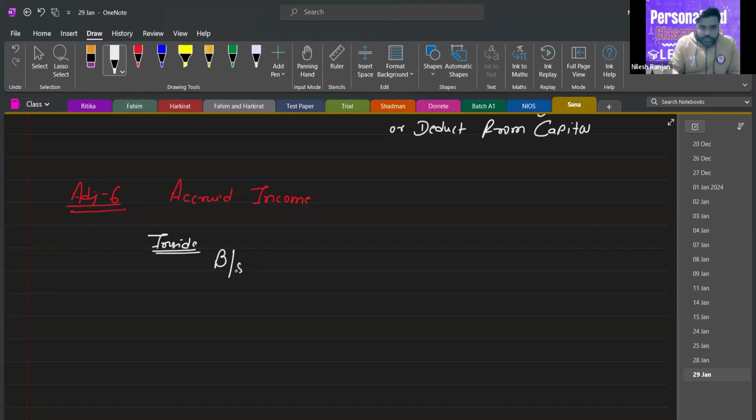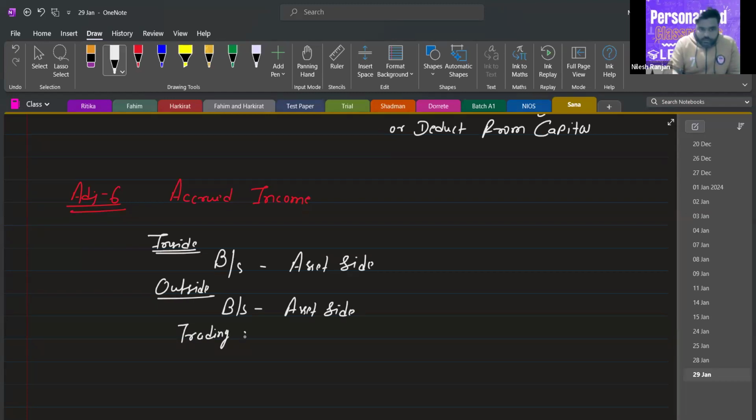So if it is inside, then balance sheet, asset side. And if it is outside, then balance sheet is one and trading or profit and loss, credit side, added to a related item.